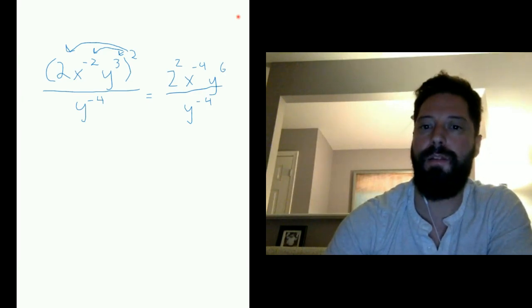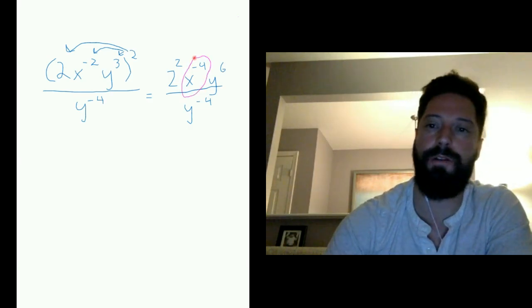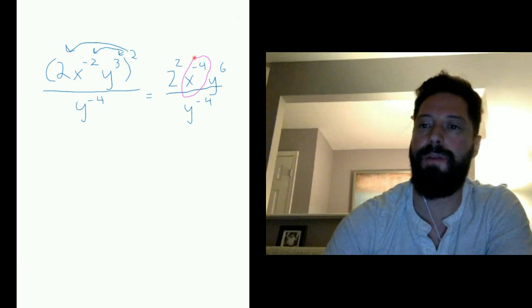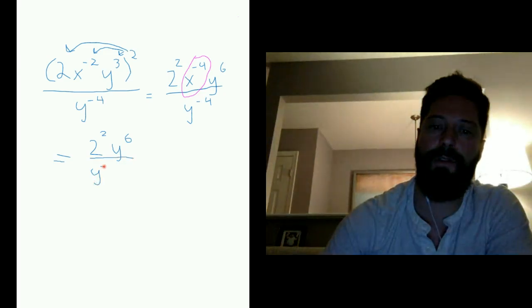So what I mean by that is I'm going to rewrite this as 2 squared y to the sixth over y to the negative fourth, and then that x to the negative 4, if we bring it into the denominator, it becomes x to the positive 4.